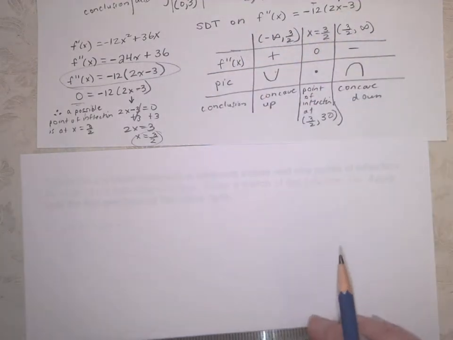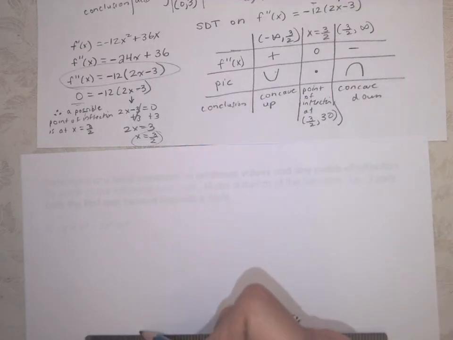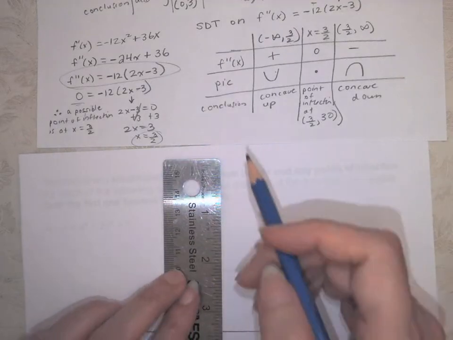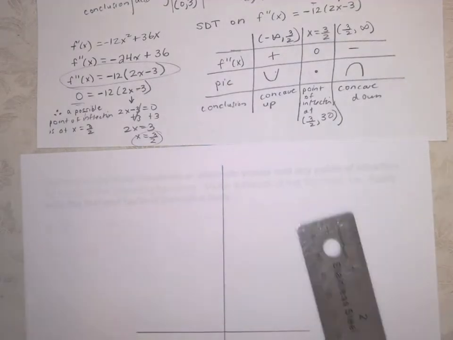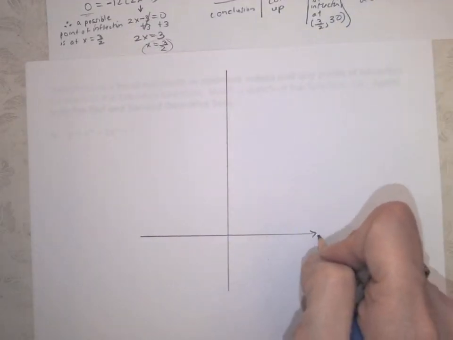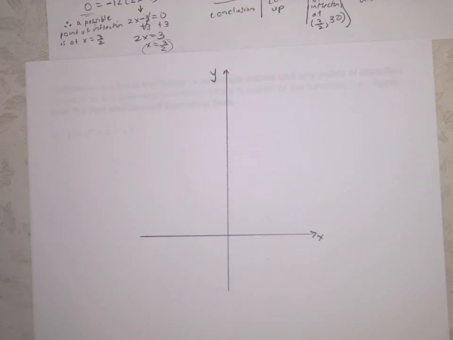So everything's going to be pretty much above the x-axis. So I'm going to make my x-axis lower down here, and my y-axis. And remember, this is just a representative sketch. We do the best we can, but it doesn't have to be on graph paper. We just have to label all our important points.